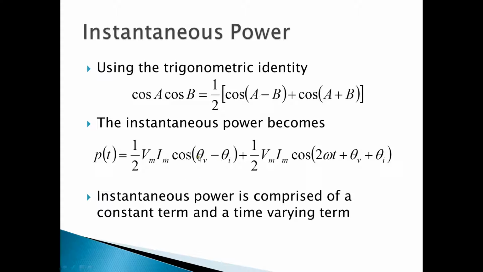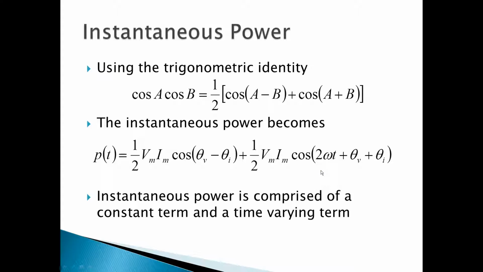So my first term is a constant, and my second term over here looks very similar, but it is a function of time. The interesting piece that we see here is that this function of time, this instantaneous power, is going to be a sinusoidal function, but now it's going to oscillate at twice the frequency of the inputs.